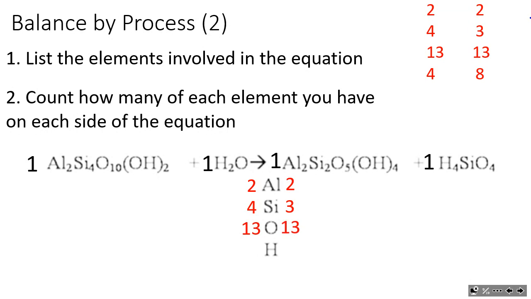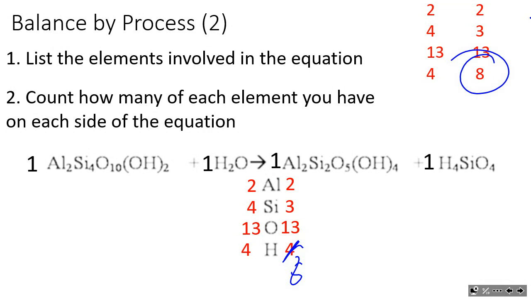How many hydrogens on the reactant side? 4. And on the product side? Oh, 4. Wait, that should have been an 8, right? Yeah, I had the 8 up here. I don't know what I did with it.